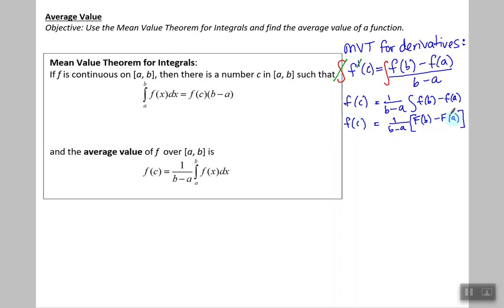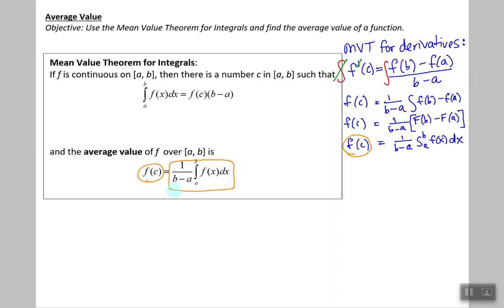Another way to think of that, using our fundamental theorem of calculus, is to write capital F of b minus capital F of a as the integral from a to b of the function f of x dx. We still have the constant multiple of 1 over b minus a, and on the left side, f of c. Now what we actually have right here is known as the average value.